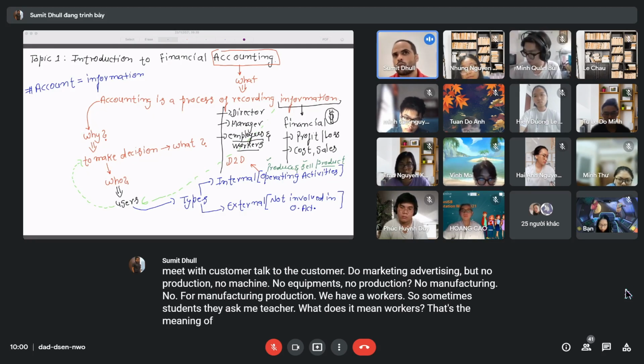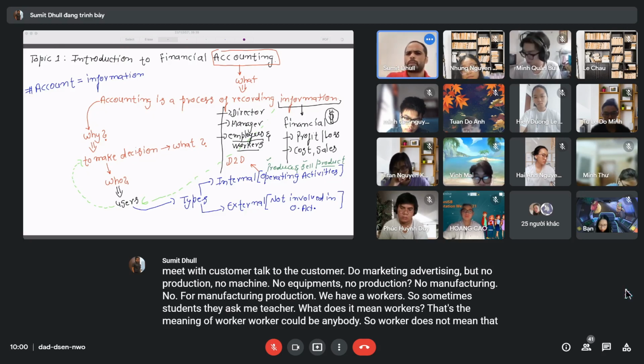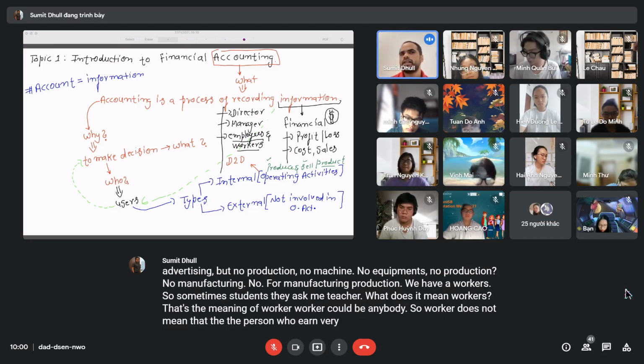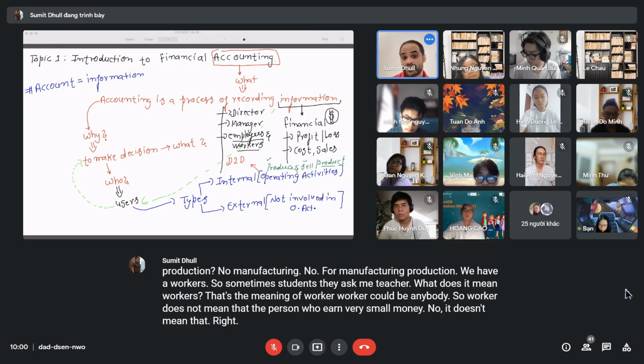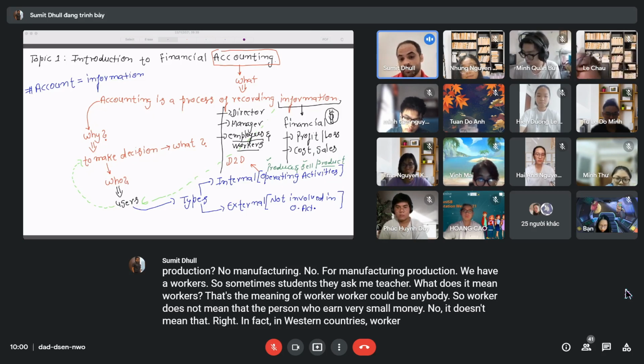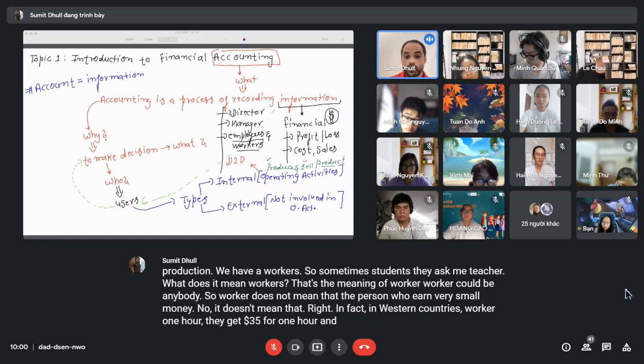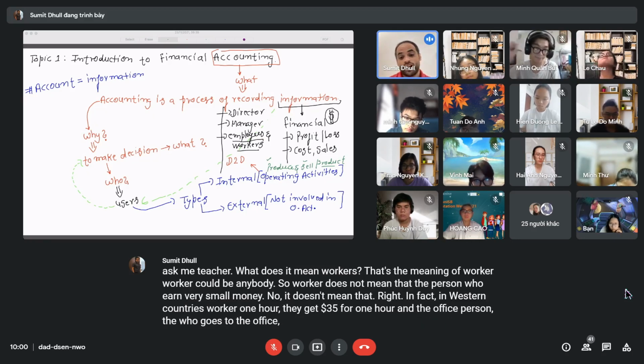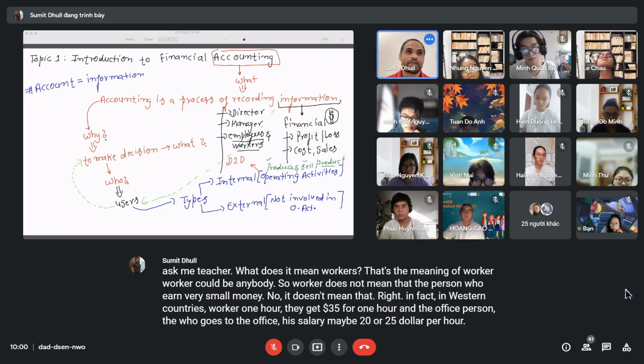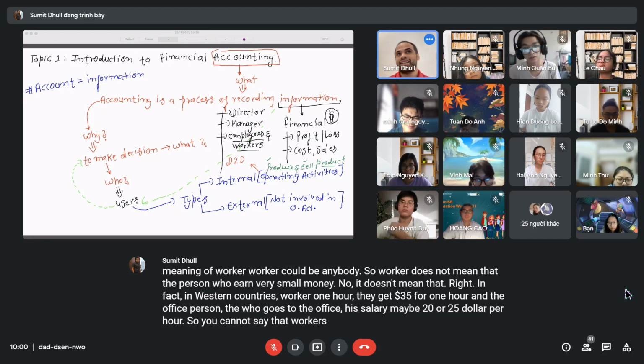A worker could be anybody. Worker does not mean a person who earns very little money. No, it doesn't mean that, right? In fact, in Western countries, a worker gets $35 for 1 hour, and the office person's salary may be $20 or $25 per hour. So you cannot say that workers are poor and don't make good money. It depends on the country.